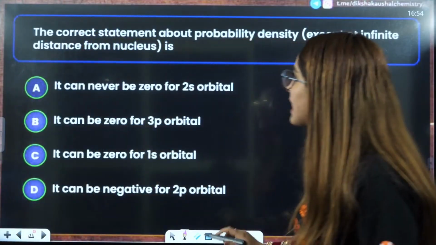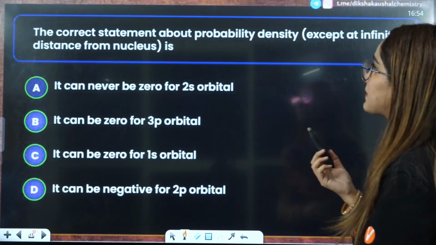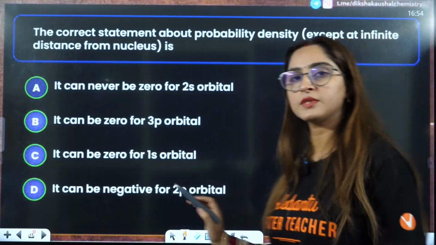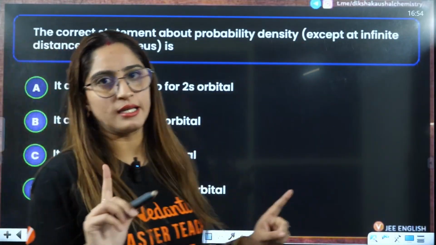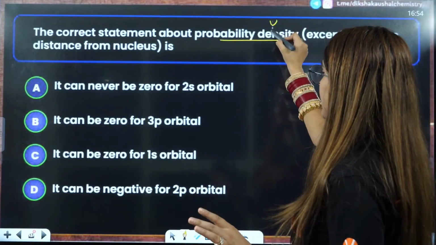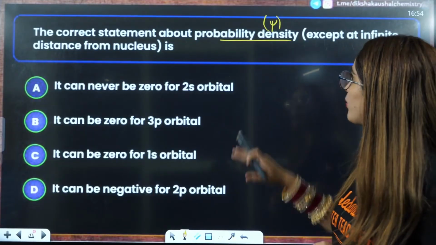Next question: the correct statement about probability density, except at infinite distance from the nucleus. They are talking about probability density, that is, they are talking about psi. It can never be 0 for 2s.